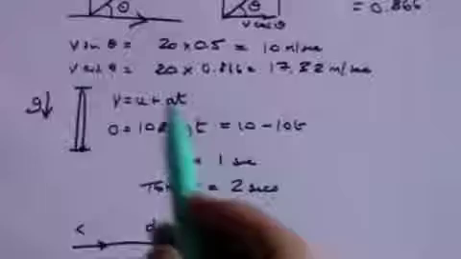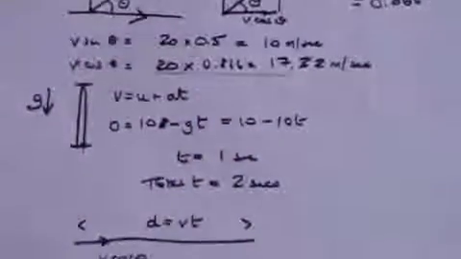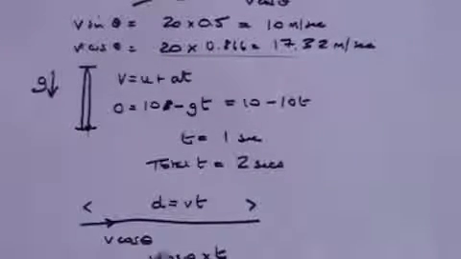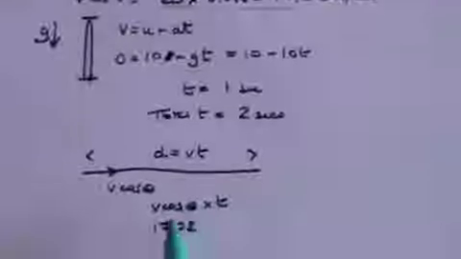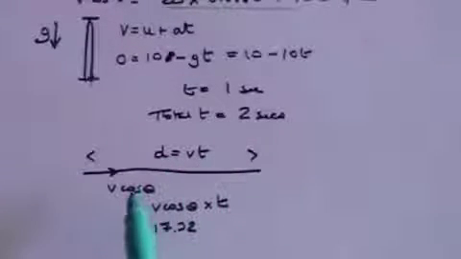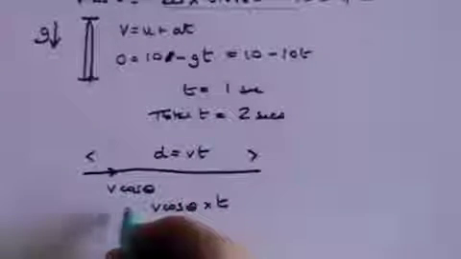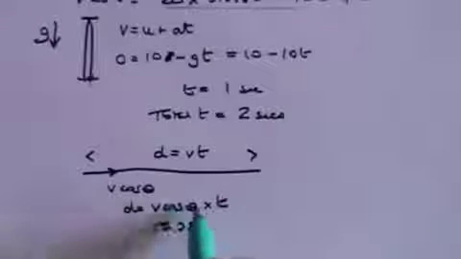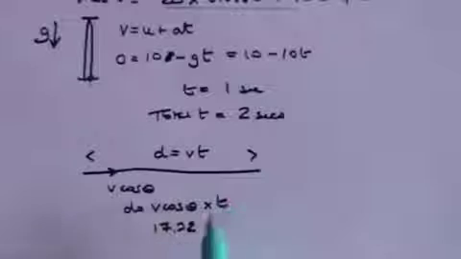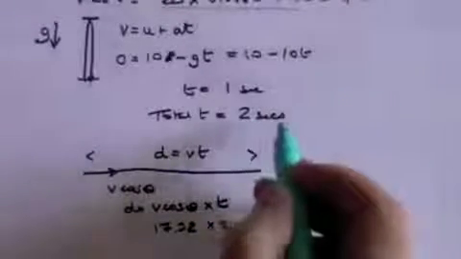Now we worked out what v cosine theta was. It's 17.32. Let's do that again. We said that d is vt. The velocity in this case is v cosine theta. So d is equal to v cosine theta, that's the horizontal velocity, times the time. Horizontal velocity is 17.32 and the time is 2 seconds.